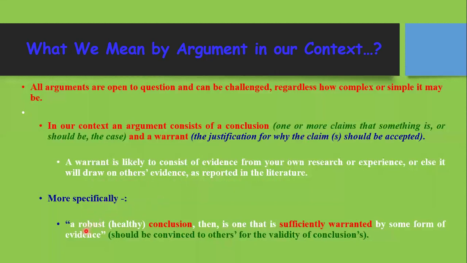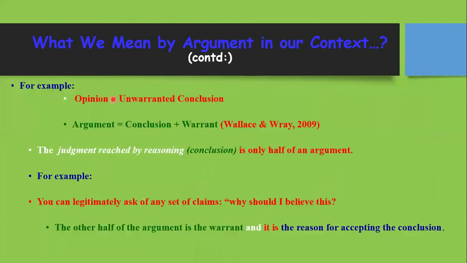More specifically, a robust or healthy conclusion is one that is sufficiently warranted by some form of evidence. So a healthy conclusion is one which is supported by some evidence. You need to provide evidence to form your argument. For example, opinion. What is opinion? That is an unwarranted conclusion.